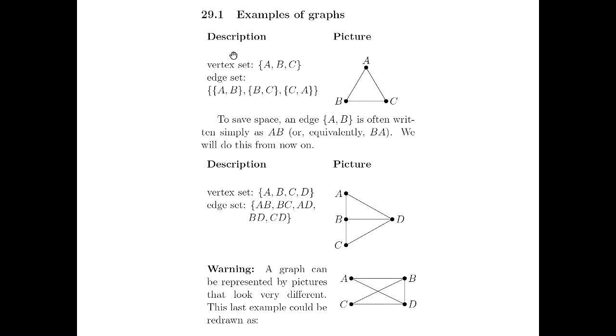So, the formal version of this graph is the vertex set A, B, C. People use either capital or little letters here, doesn't really matter. Vertex set A, B, C, and the edge set AB, BC, CA, right?